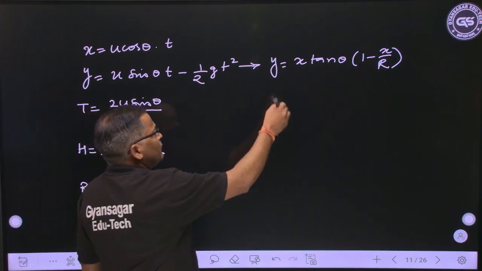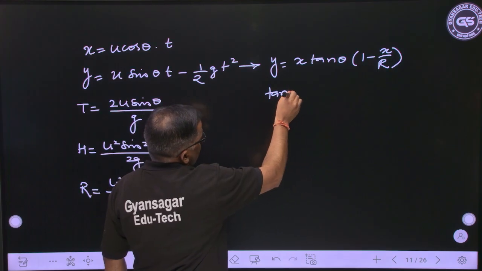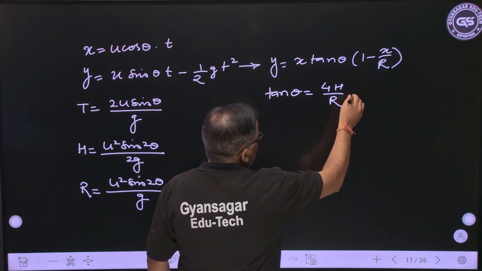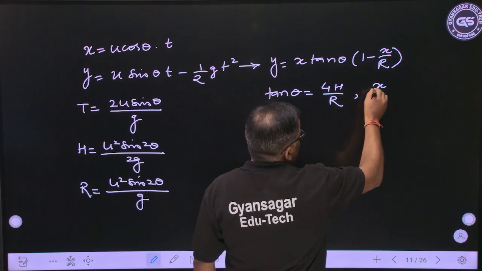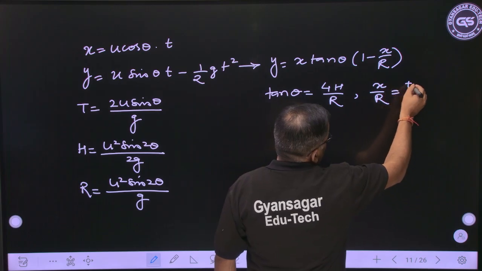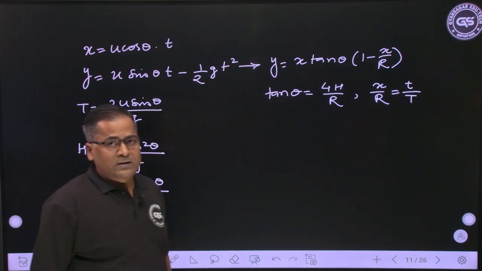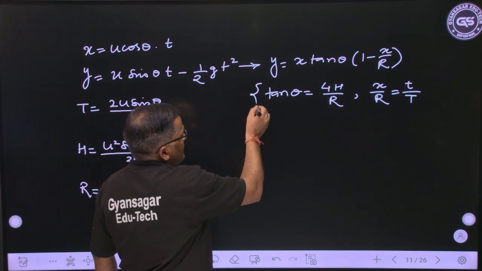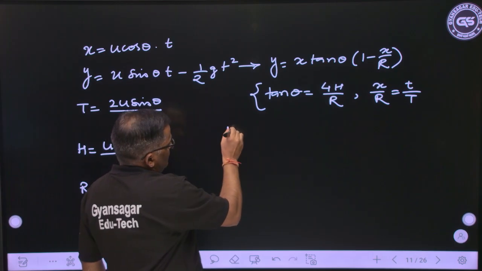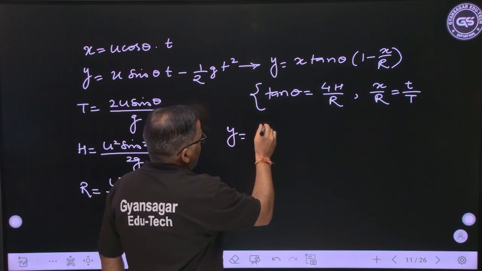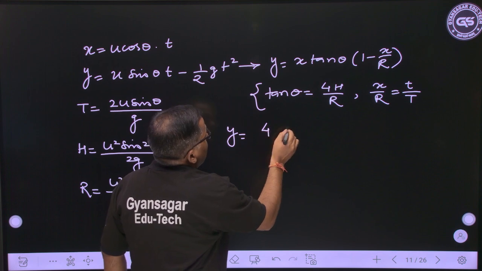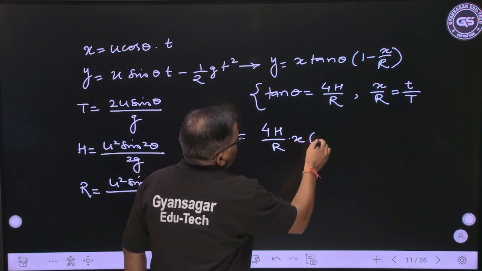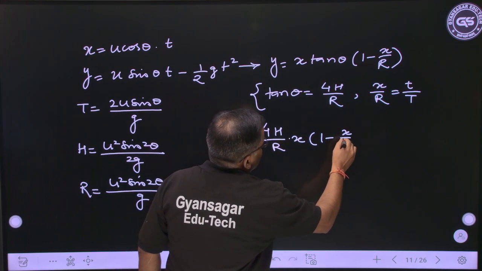And in place of tan theta we can put 4h by r, and in place of x by r we can put t by T. So I will use these things in this equation. So y equal to 4h by r into x into 1 minus x by r.